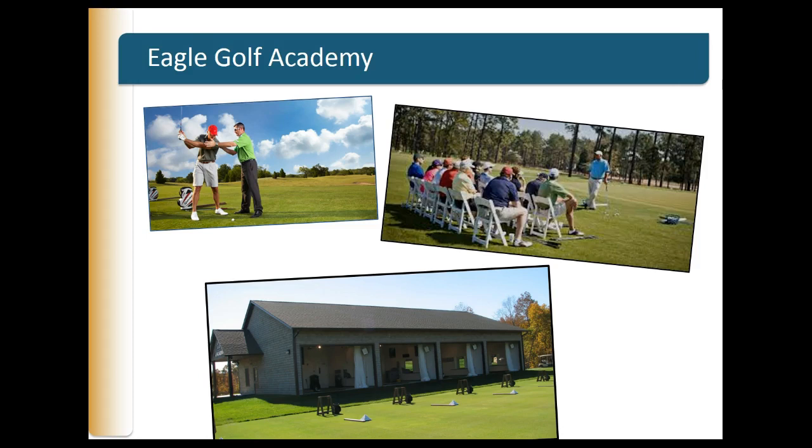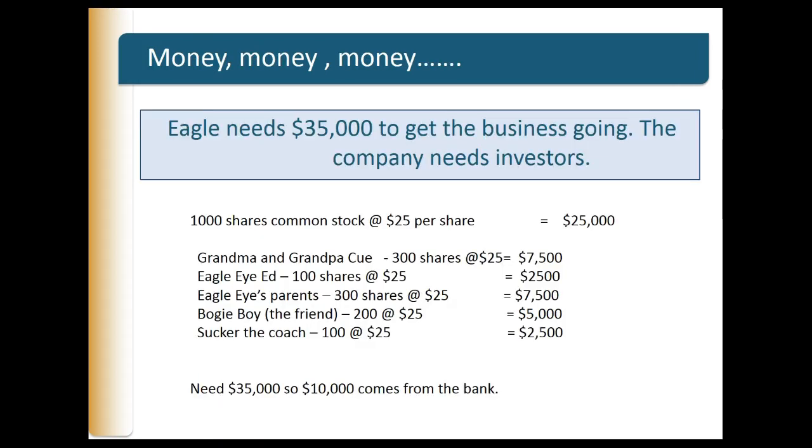You know, you just can't do much around here without some funds or money. So he's deciding that he needs about $35,000 to get this business off the ground. How does he get $35,000? Well, I think he can reach out to some of his close friends. That would be investors to give him money.